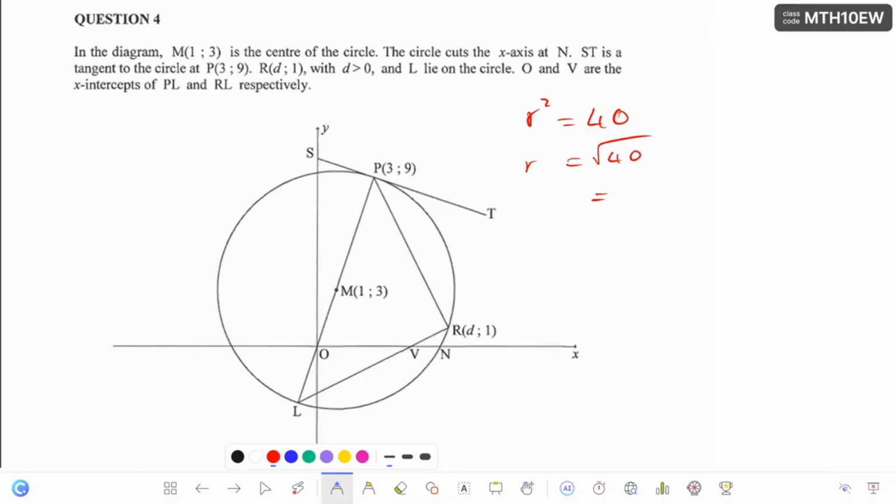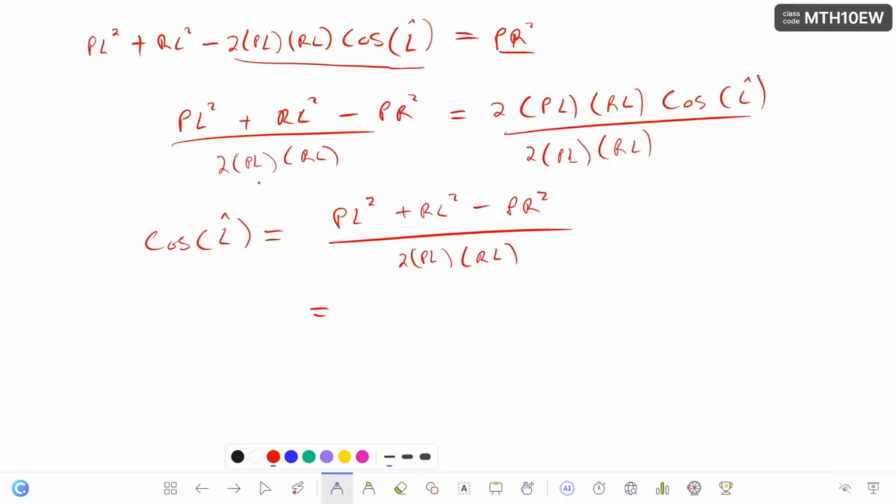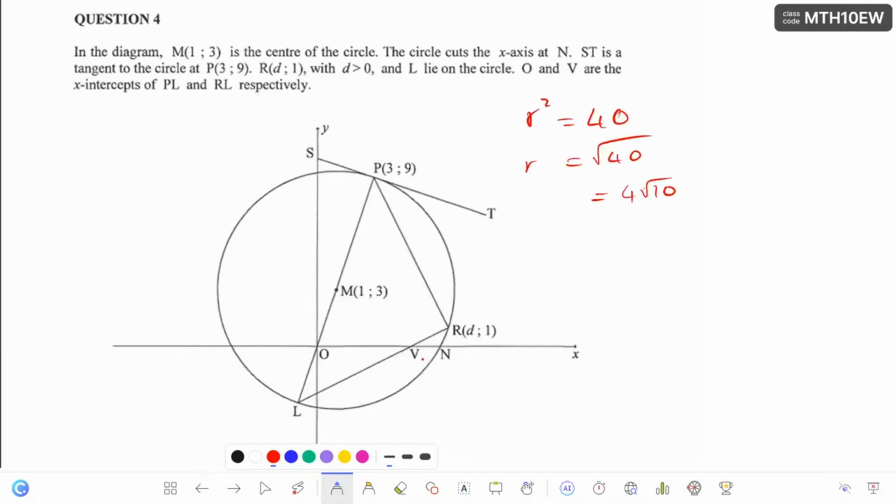Then you're going to get 4 square root of 10. So this one is 4 square root of 10 squared plus. What about RL? RL, we found it to be 4 over 5.